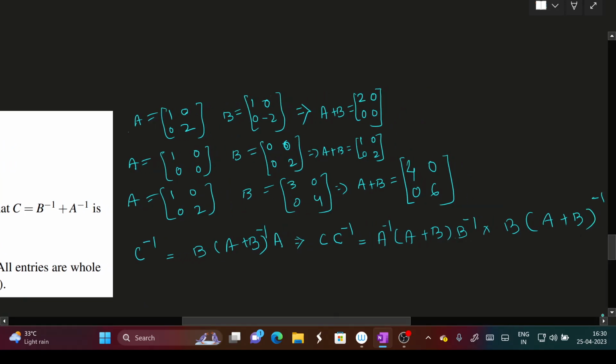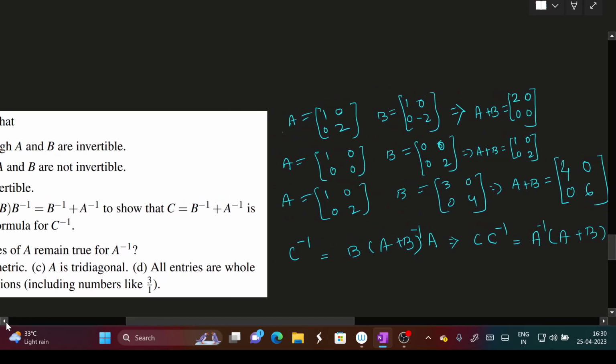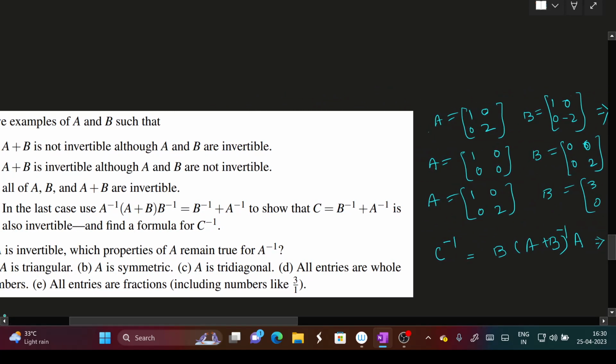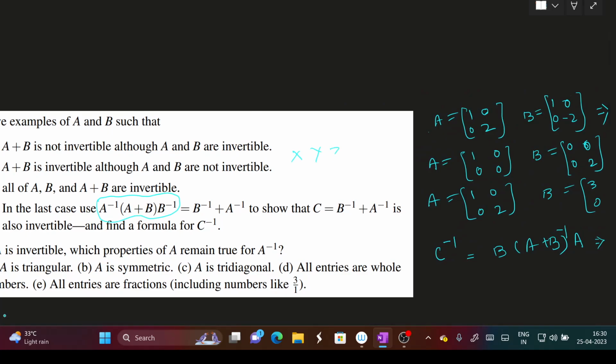So observe here, the value of C written here has three terms. Suppose X matrix, Y matrix, Z matrix, and I want to find its inverse. It will be Z inverse, Y inverse, X inverse. So here X is A inverse, Y is A plus B, Z is B inverse.